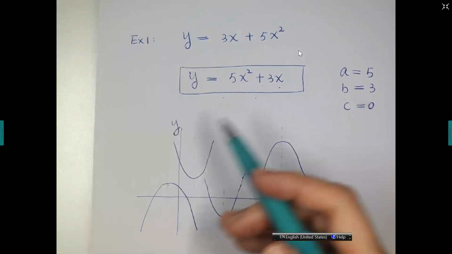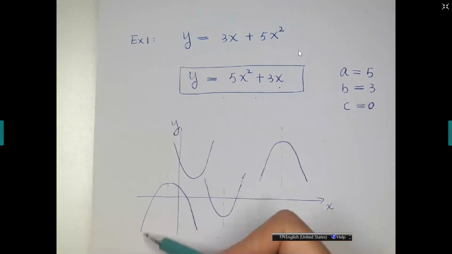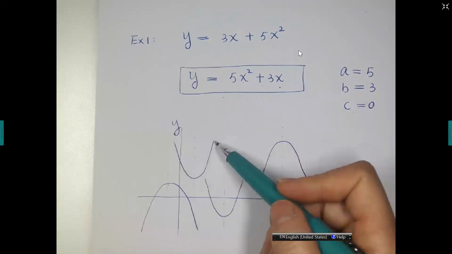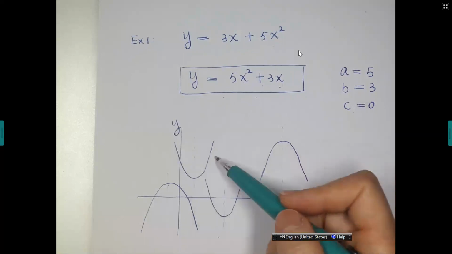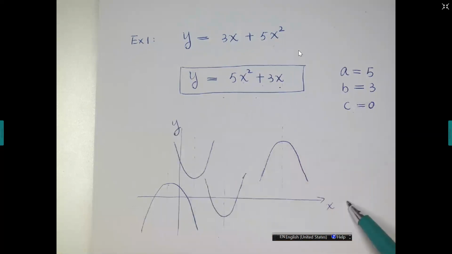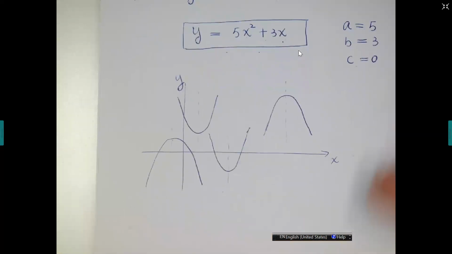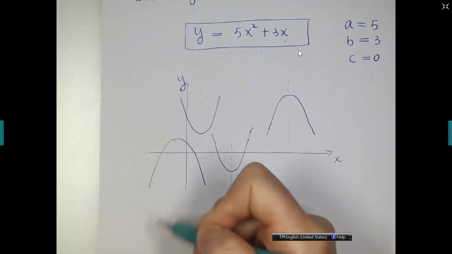And for all those special things, some of the curves will cross the horizontal axis, and some of the curves like this never cross the x-axis. So for all those special things right here, we are going to work on them one by one. The first thing: what do we know?